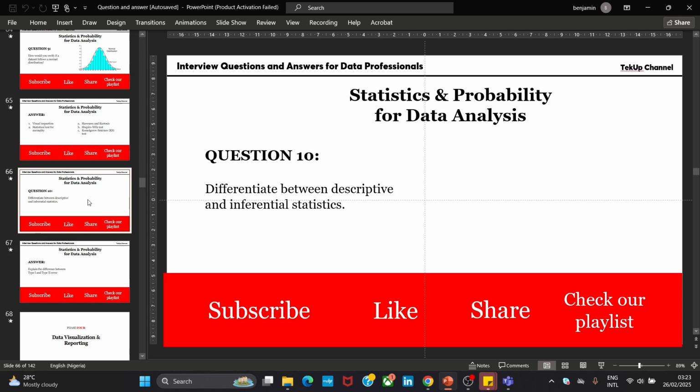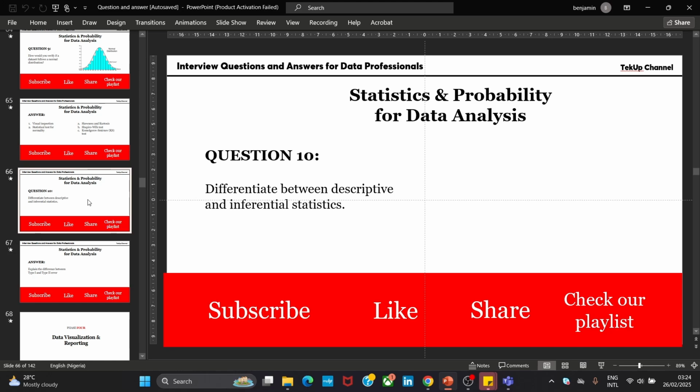So these are various tests we can carry out to determine if our data set follows a normal distribution or not. The last question we have on our list for the statistics and probability for data analysis interview questions is: differentiate between descriptive statistics and inferential statistics. Now, descriptive statistics summarizes and describes the characteristics of a data set to its key features.